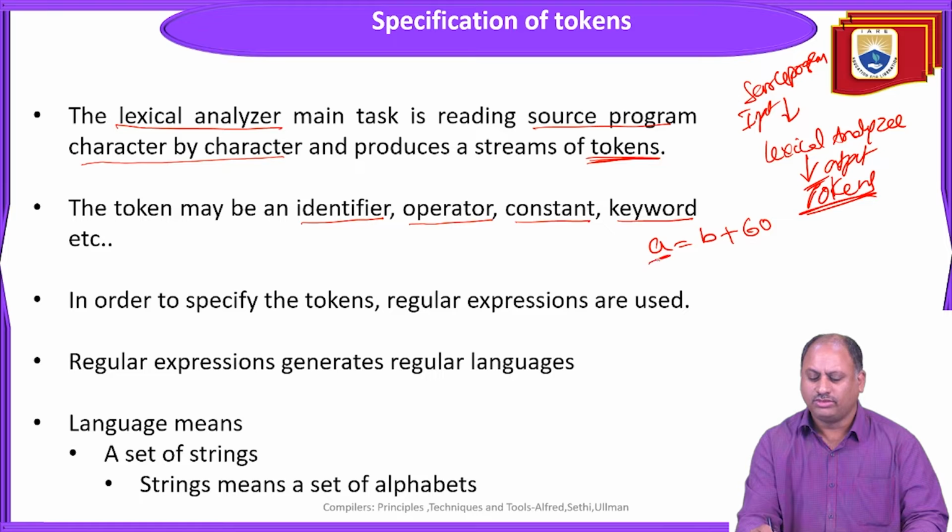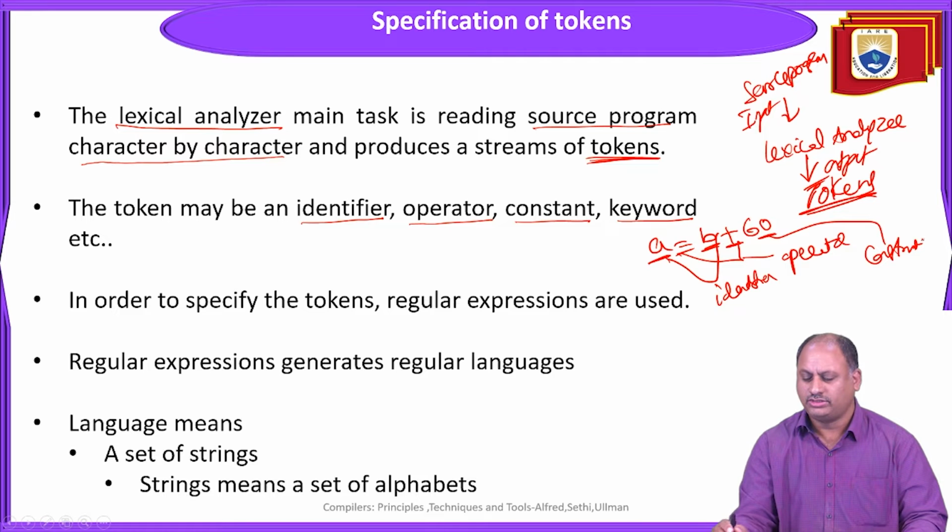In this statement, A is an identifier, B is an identifier, the plus is an operator, whereas 60 is a constant. Equal to and plus are operators. A and B are identifiers. 60 is a numeral constant.